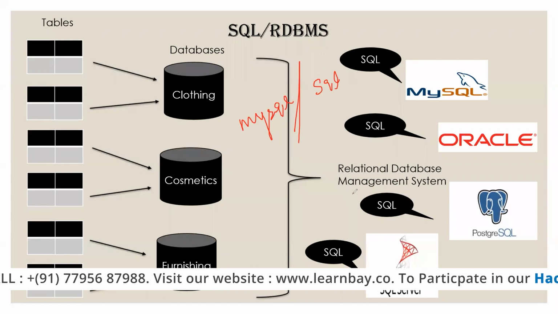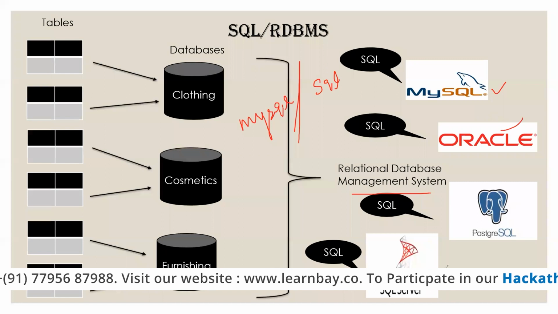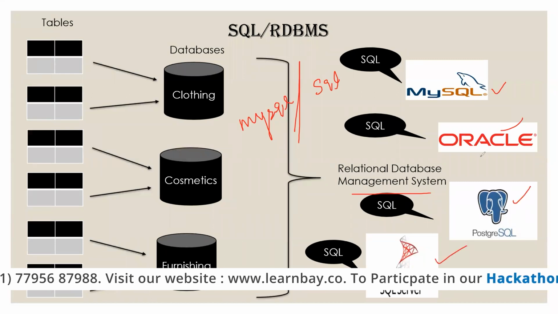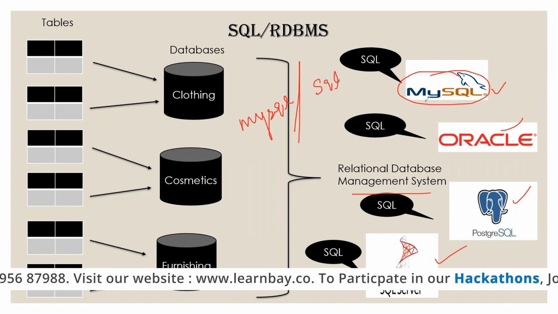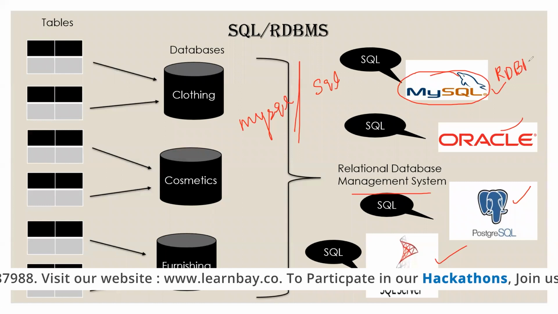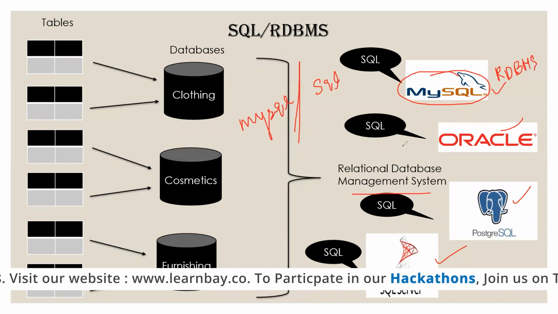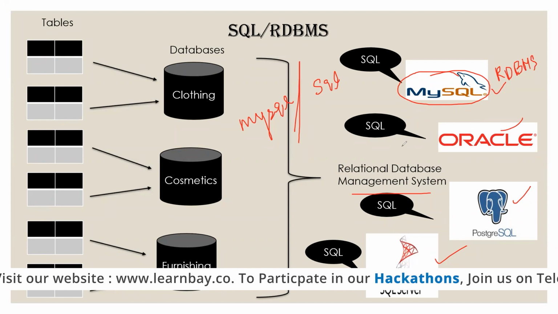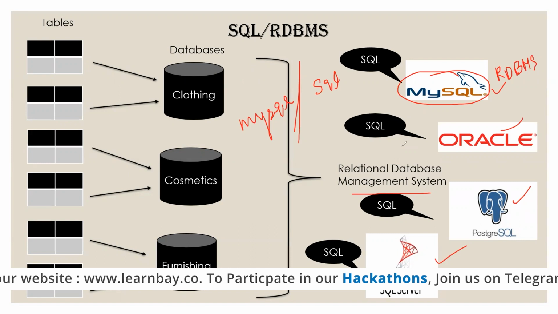Now, I've been talking about RDBMS here, and I said there are different RDBMS out there in the industry. So MySQL is one of your relational database management systems, or in short, it is one of the RDBMS which helps to maintain the structured data inside it. It is a storage and maintenance software which helps to store the structured data inside it.